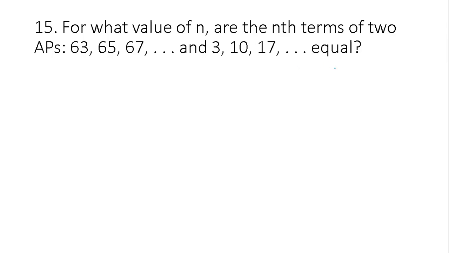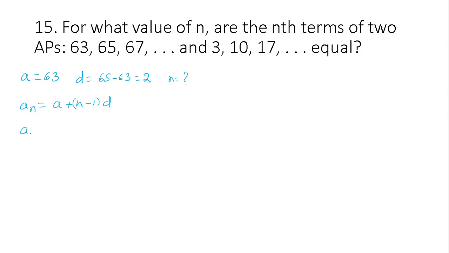They are asking for what value of n these are equal. Here A is equal to 63, D is equal to 65 minus 63 is equal to 2, and AN is equal to A plus N minus 1 into D. N is what they are asking.